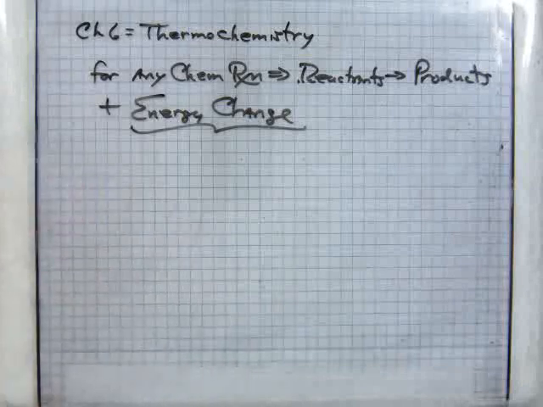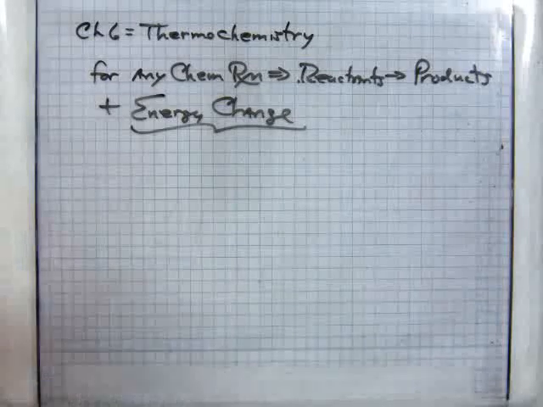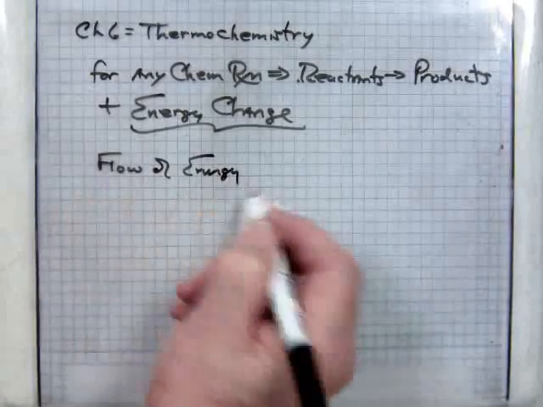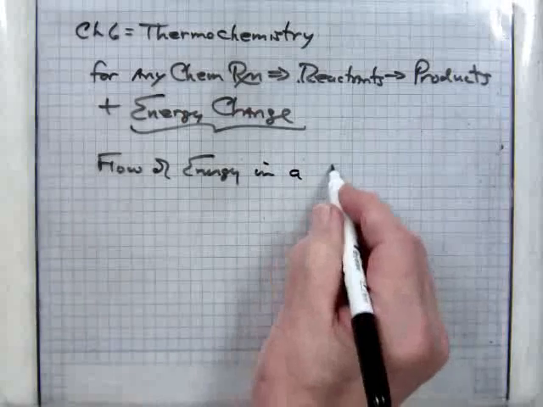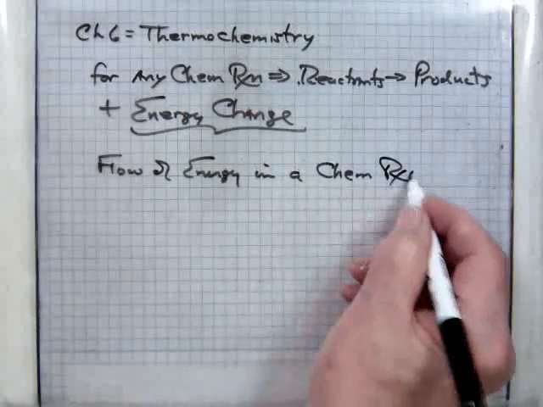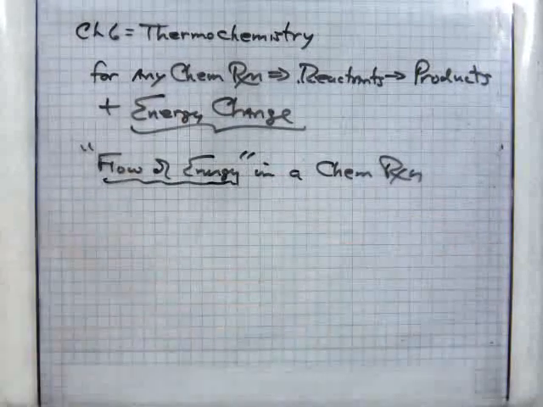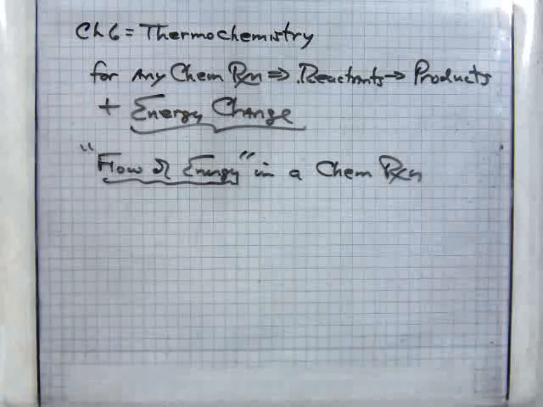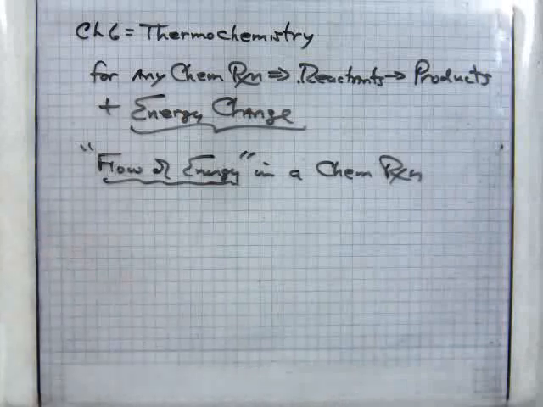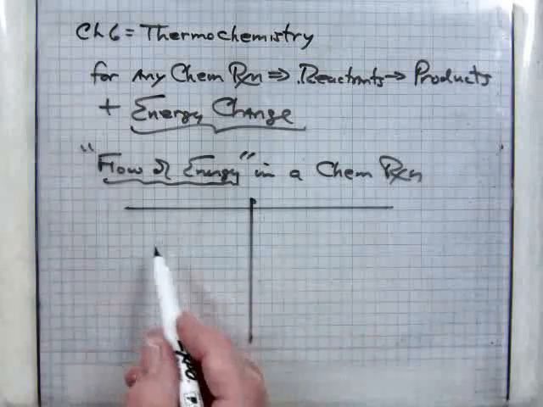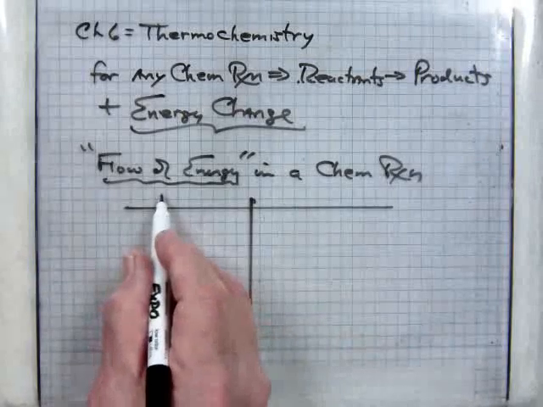To understand energy change in a chemical reaction, you need to understand what we mean by the flow of energy. So what I typically do is ask students to construct a T-table. So given a T-table, on the left side you are to put system.